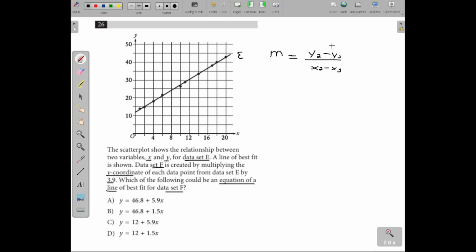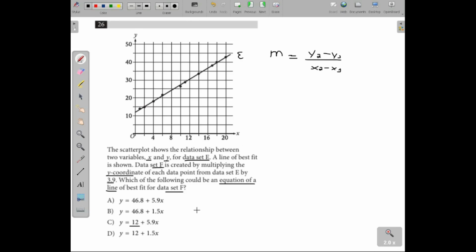Now for this we have to find two sets of coordinates for dataset F. But first let's find the y-intercept of dataset F. We know that we have to multiply the y coordinate by 3.9. And we have a hint that this could be 12.